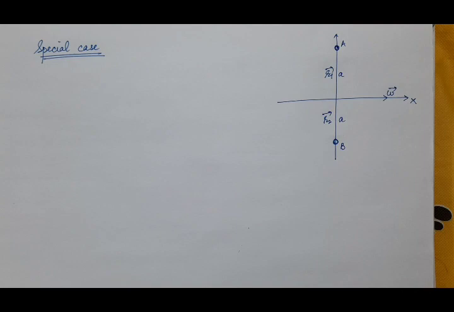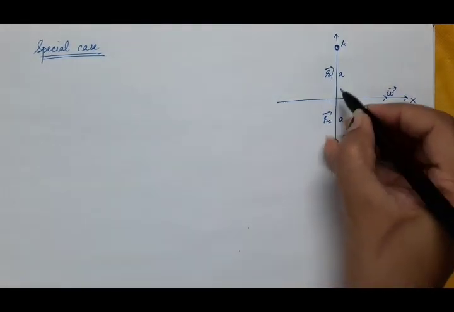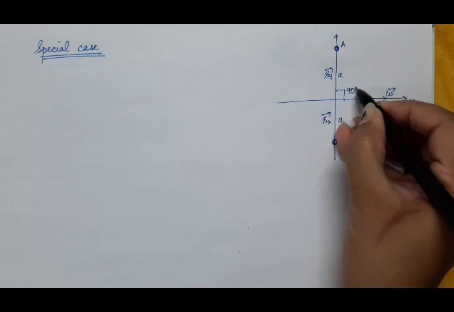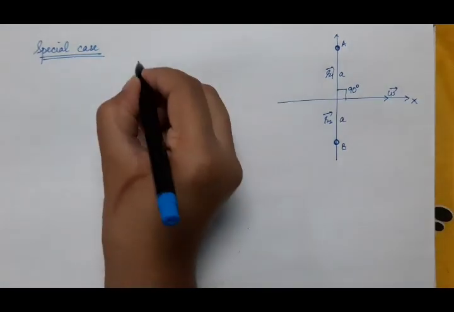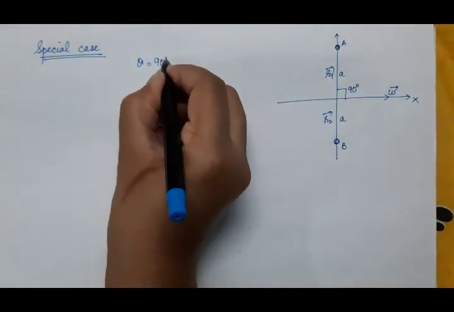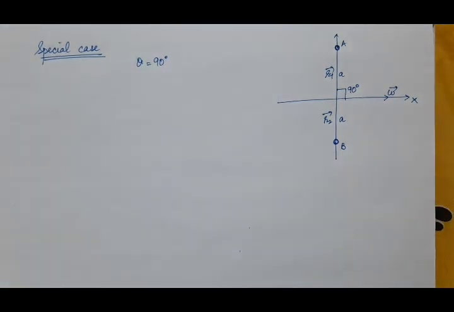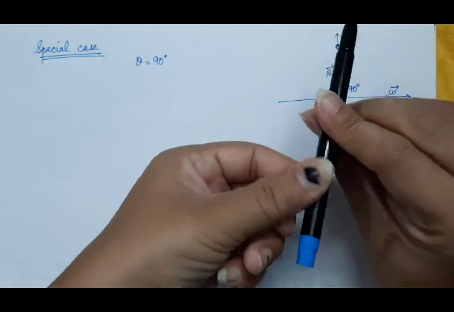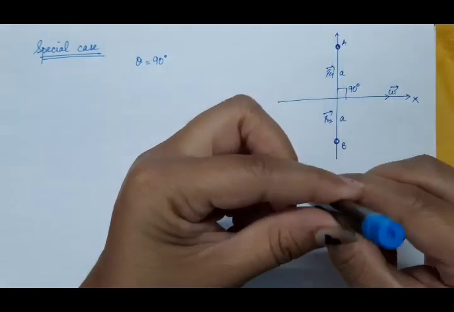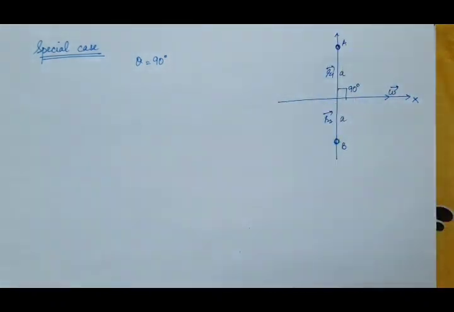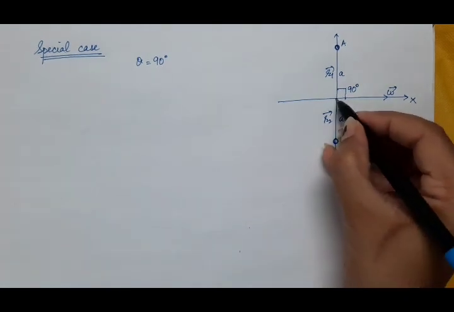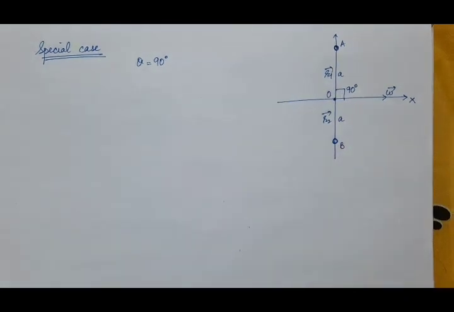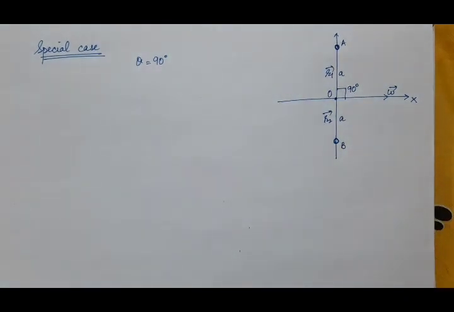Then in this case, this two particle rigid rotator makes an angle of 90 degrees with the axis of rotation. Means in this case, theta is 90 degrees. In this case, this rotator will rotate in this way about the axis of rotation, which is the x-axis, and it is passing through its center of mass. So in this case, theta will be 90 degrees.